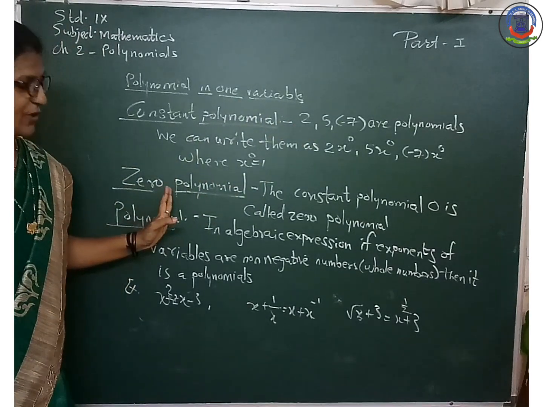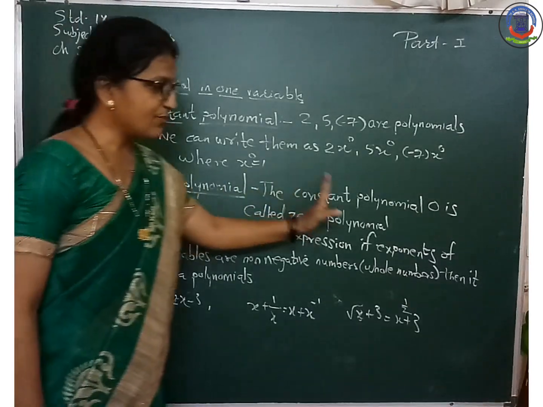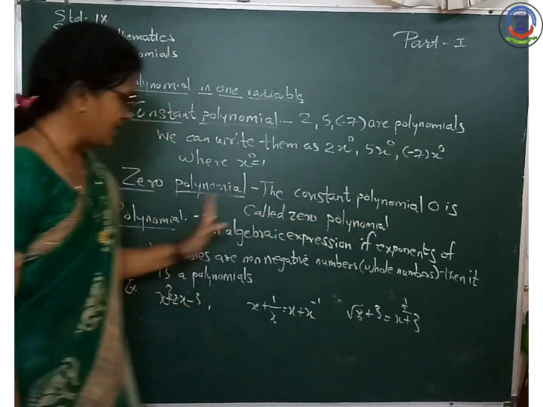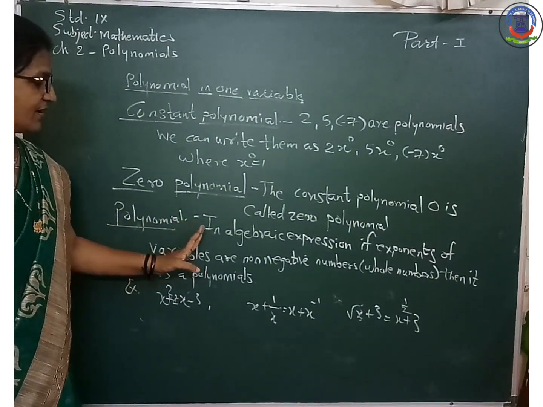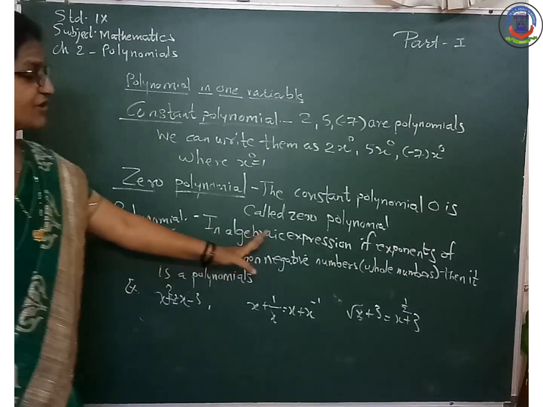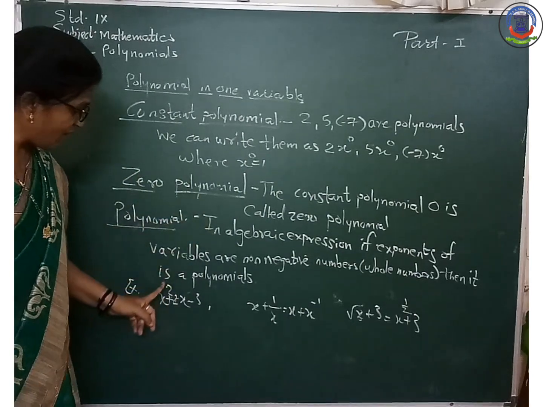Next is the zero polynomial. The constant polynomial 0 is known as the zero polynomial. Now, in an algebraic expression, look at the exponents. What is the meaning of exponent? Exponent means power.